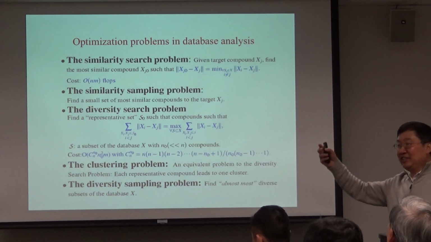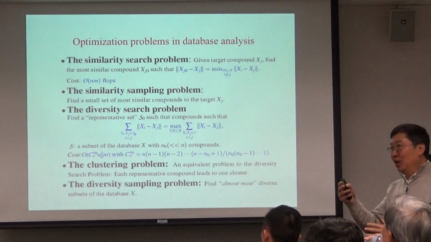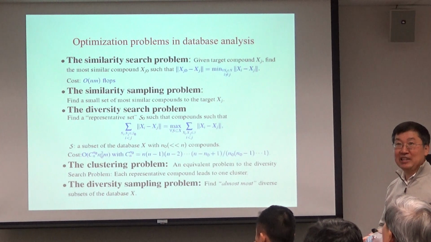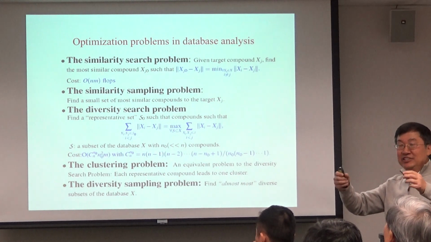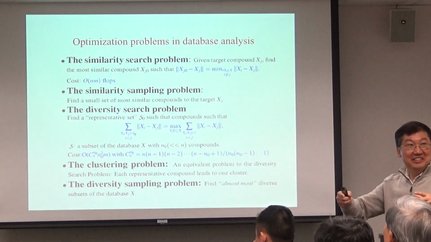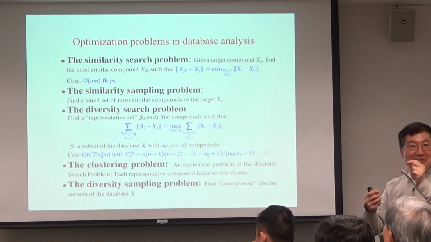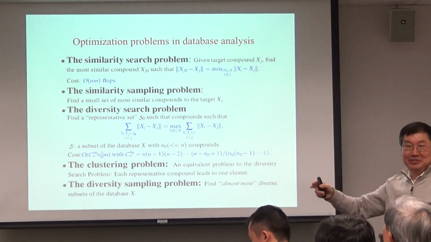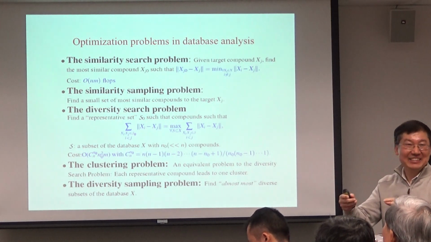You have a large dataset, and each time you screen the dataset to match a potential drug, you will not check one by one because that's too time consuming. The ideal case is you find a small set. Each member of this small set represents a cluster, so all other compounds will have very similar properties to this representative. Then you screen only this small set of representatives instead of the whole dataset.